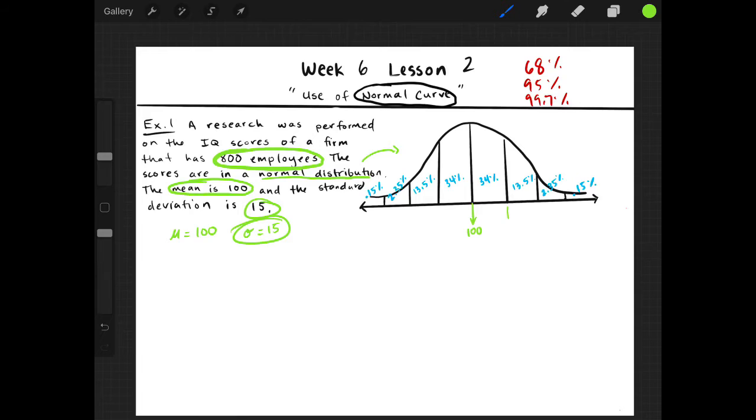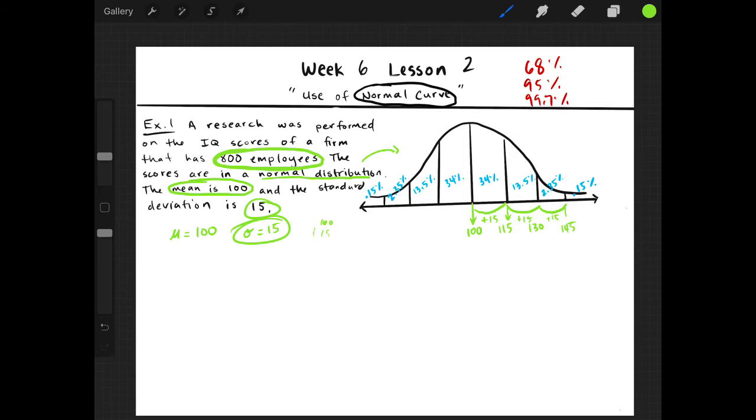This next line is 115 because we just did 100 plus 15. Another jump to the right, adding 15 more, so that's 130. Another jump to the right, we add 15 more. That's 145. So we went 100, 115, 130, 145. Those are IQ scores. Now we can do the same thing, but instead we're going to go to the left.